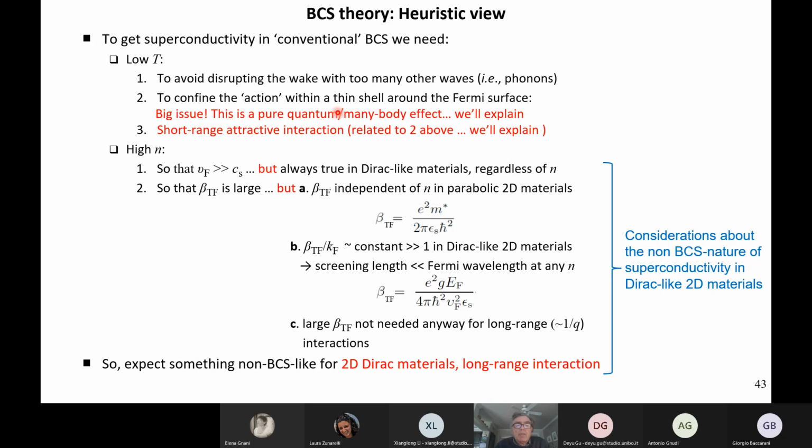You actually have to confine everything inside a thin shell around the Fermi surface, which is not surprising. These are the only electrons that can do anything, as we will see also in the expression for the electron mobility, for example. Only stuff at the Fermi level matters.